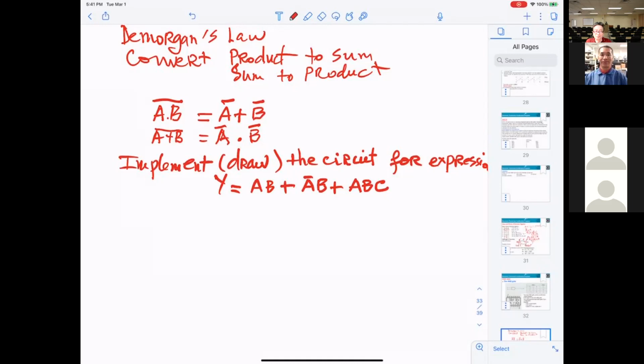Who knows the rules for how to draw the circuit? First thing, what you have to draw? First, draw AND. Second, draw inverter.